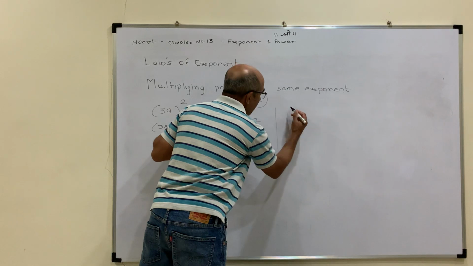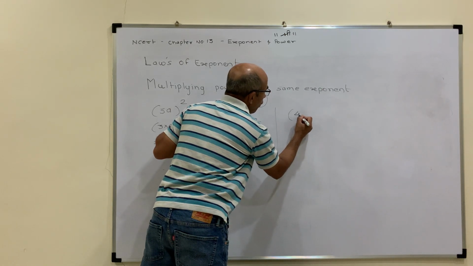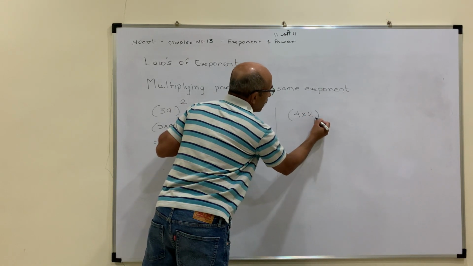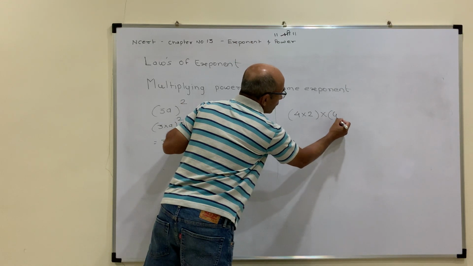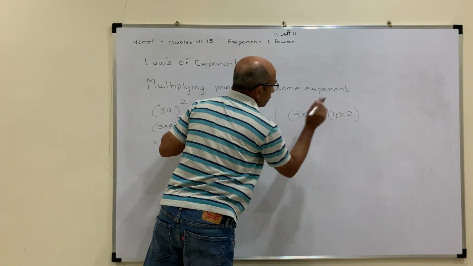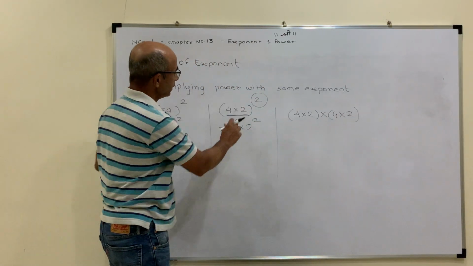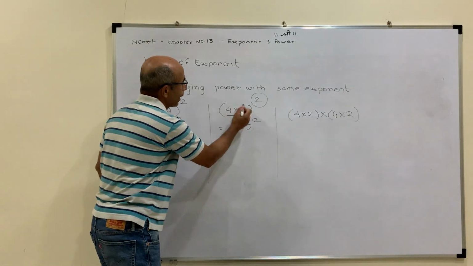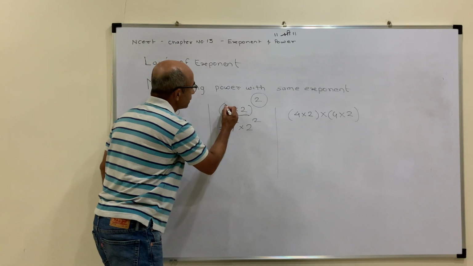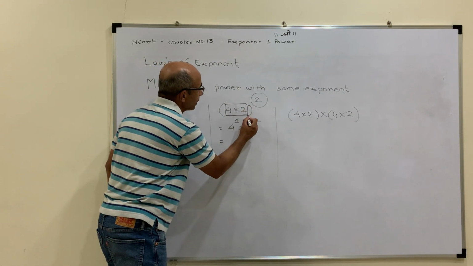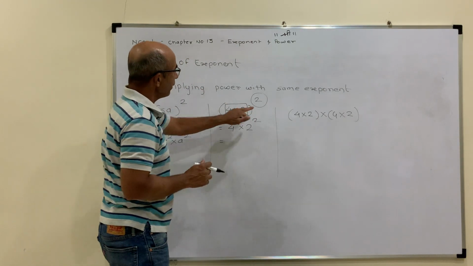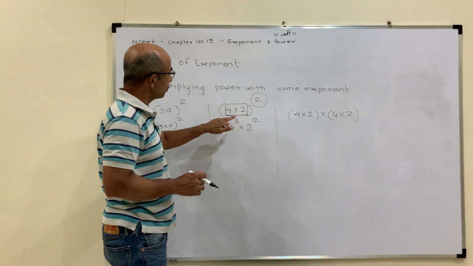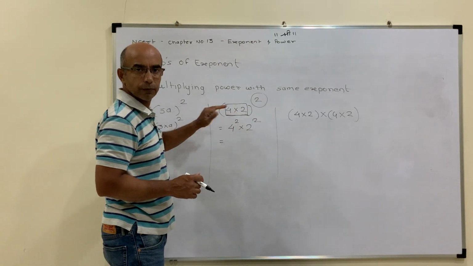So to solve this, I will be doing (4 into 2) into (4 into 2). Now don't see this as two numbers, just see this as one, or I can say see this as one bracket.